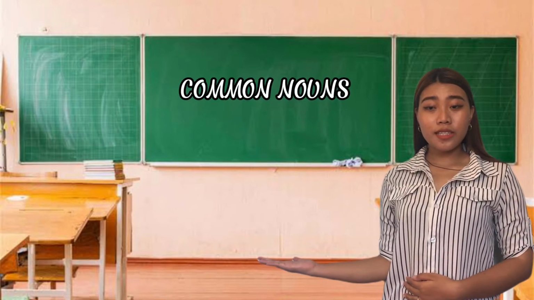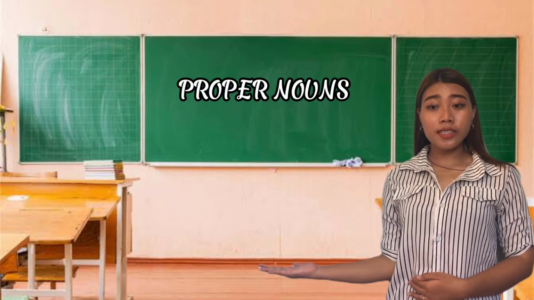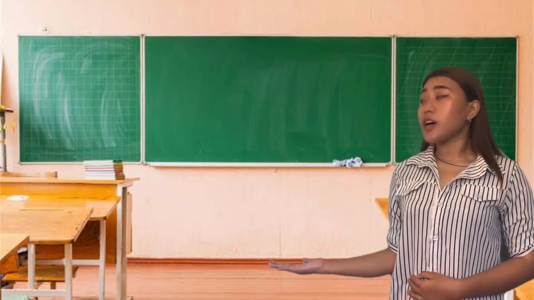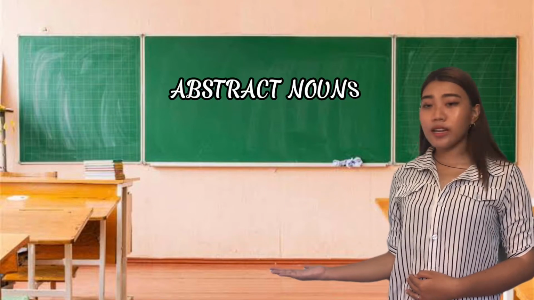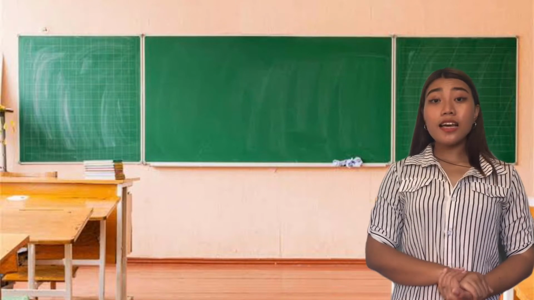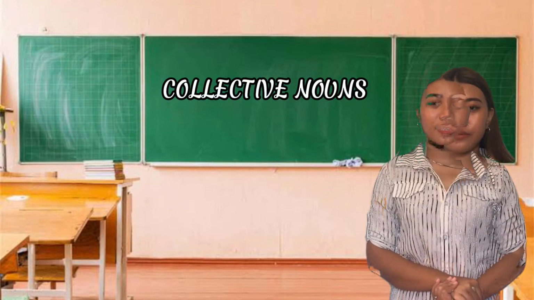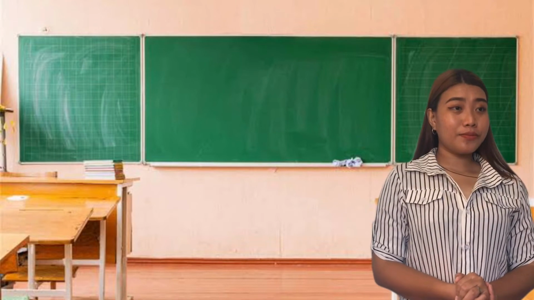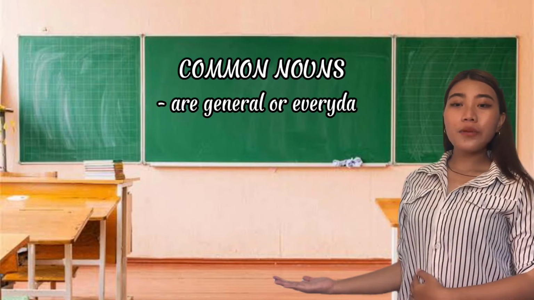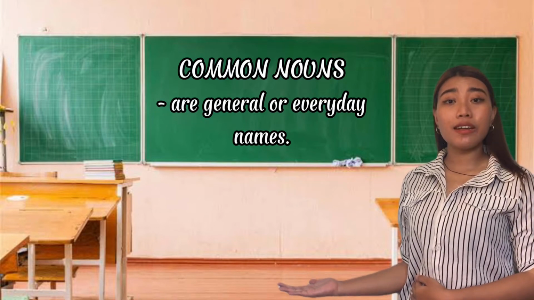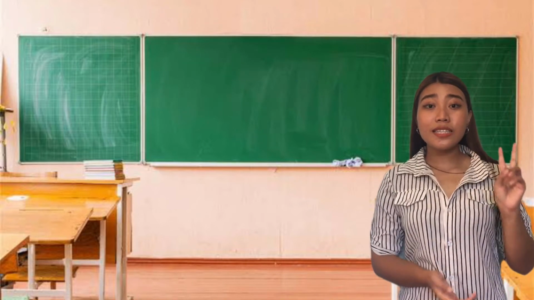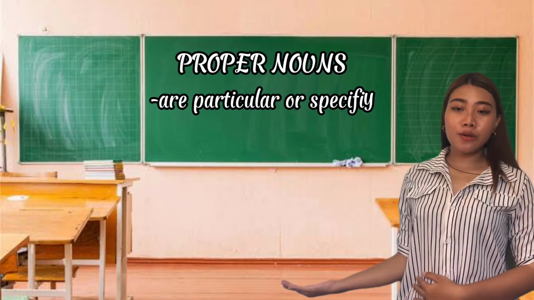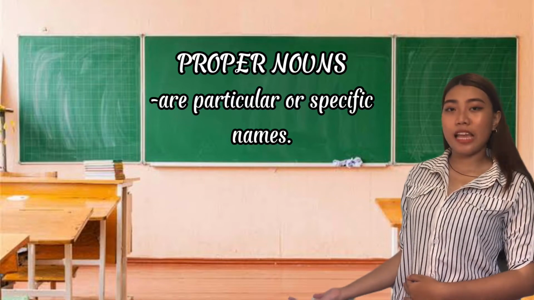The common nouns, the proper nouns, the count nouns, the non-count nouns, concrete nouns, abstract nouns, and lastly, the collective nouns. So first, what are common nouns? Common nouns are general or everyday names. The second one is proper nouns. Proper nouns are particular or specific names.